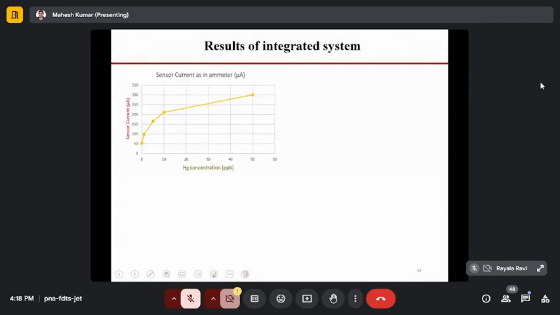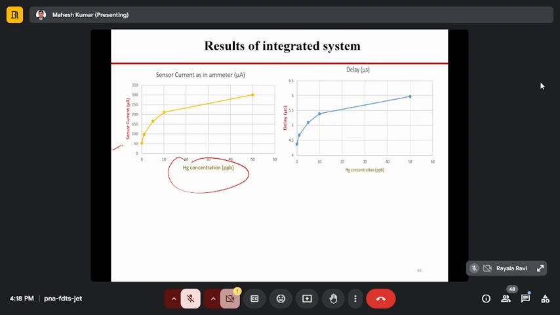So here you can see, this is our sensor. By using the semiconductor analyzer, we are measuring how our sensor's current is changing with the different concentrations we have taken. And this is our delay in microseconds, how this delay is changing when the current is increasing or decreasing.